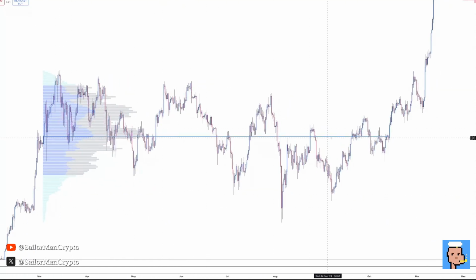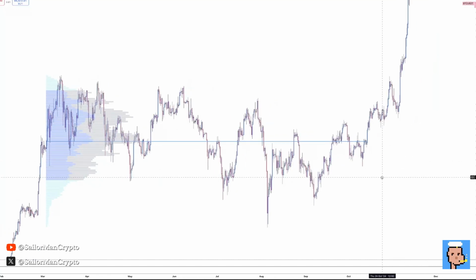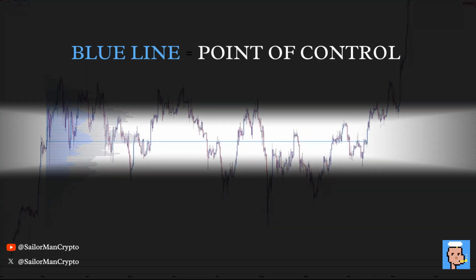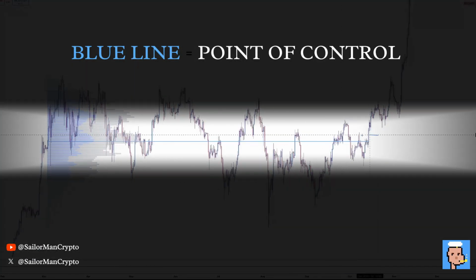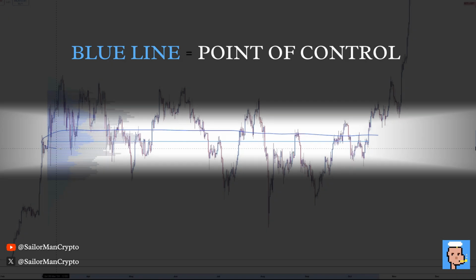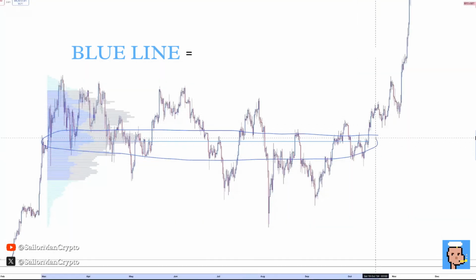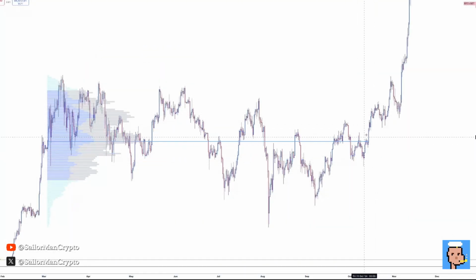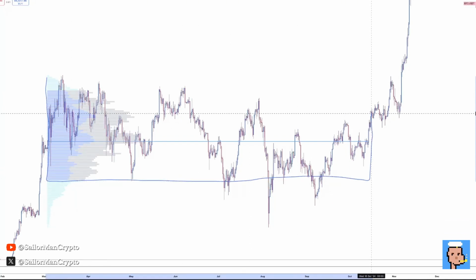The blue line in the middle is called the point of control. This line that we have here is the POC, usually written, or point of control. This is the most traded level in terms of volume of this range that I selected. I selected the range that starts from here and finishes here.